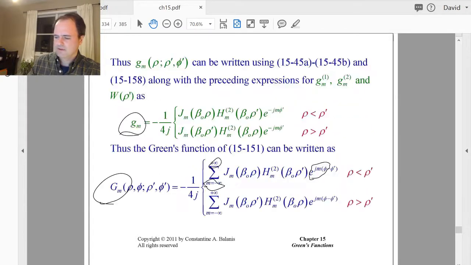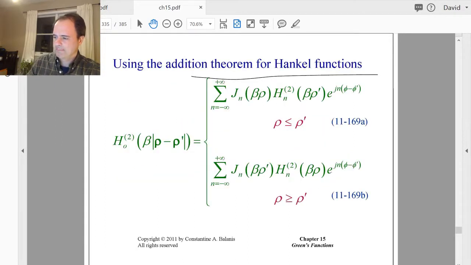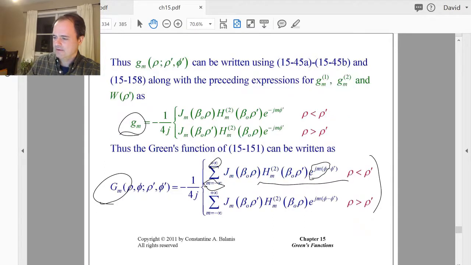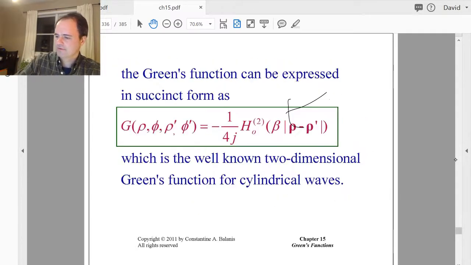Actually, we're going to use the addition theorem for Hankel functions to simplify these two things right here, to get g to be equal to this. Let's go back. So this whole thing, using this, reduces down to this right here.